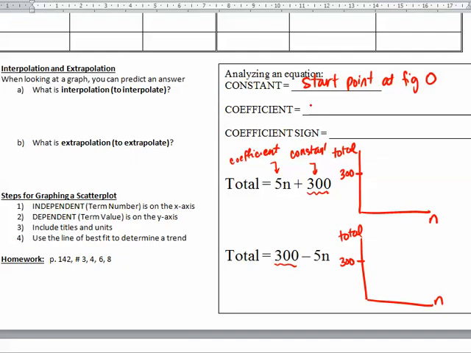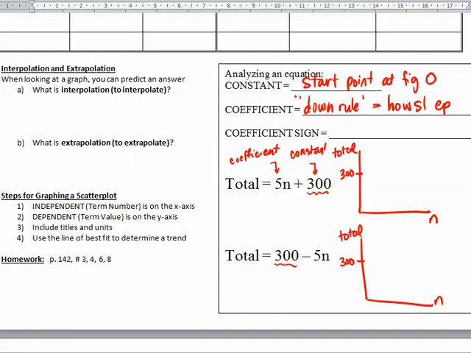Now our coefficient is the rule, and this tells us how steep it will be. The higher the number, the more steep it is. And then the coefficient sign, which means the sign in front of the coefficient. In this case, any number is a positive number if there's nothing in front of it. So this means go up by 5 each figure, starting at 300.